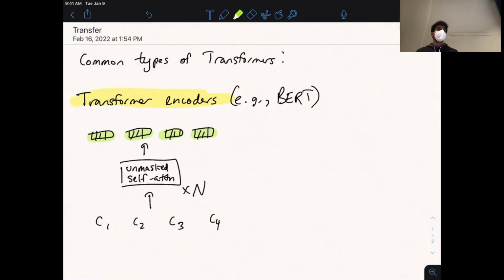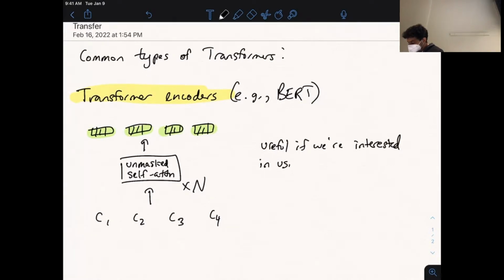They have full knowledge of all the other words in the sentence, but still, these vectors can be very useful to solve other tasks that don't involve text generation. So these kind of transformer encoders are useful if we're interested in using the final layer token representations.